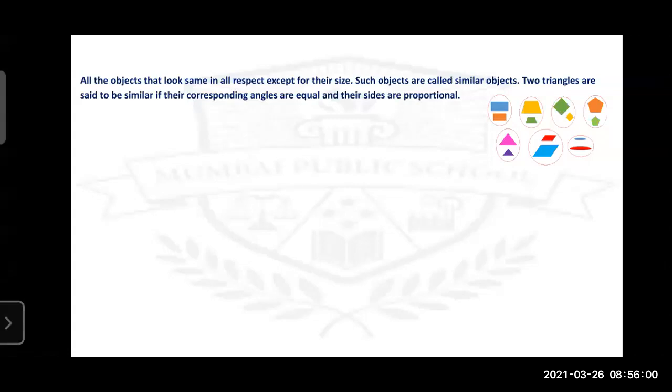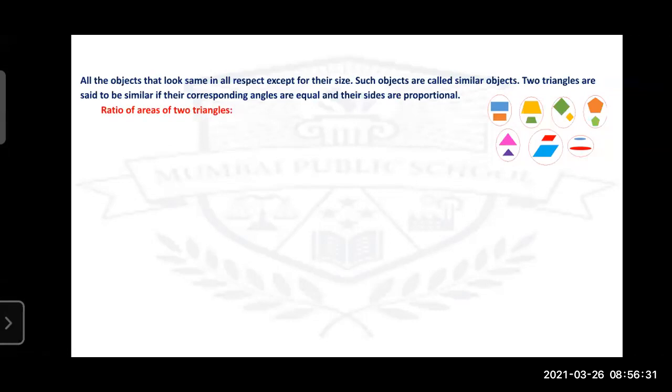These two figures look similar in all respects except for their size.